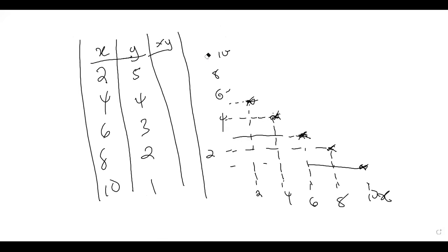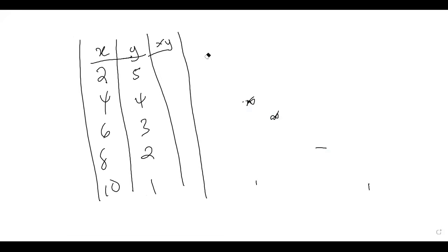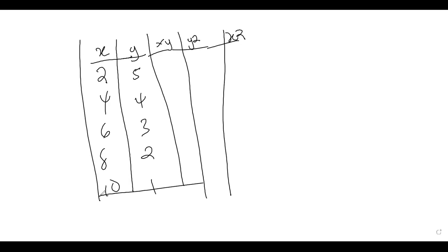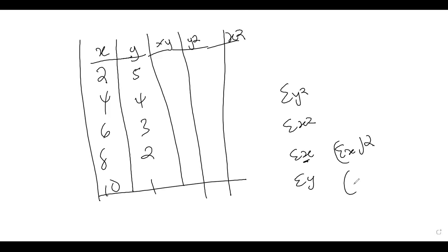Then we add y squared as well as x squared. Once we get our totals, we can get sigma y squared, sigma x squared, sigma x and sigma y from this table, and then sigma x all squared, that is squaring this, and sigma y all squared. Once you get these set of figures, it is easy to compute your correlation coefficient.